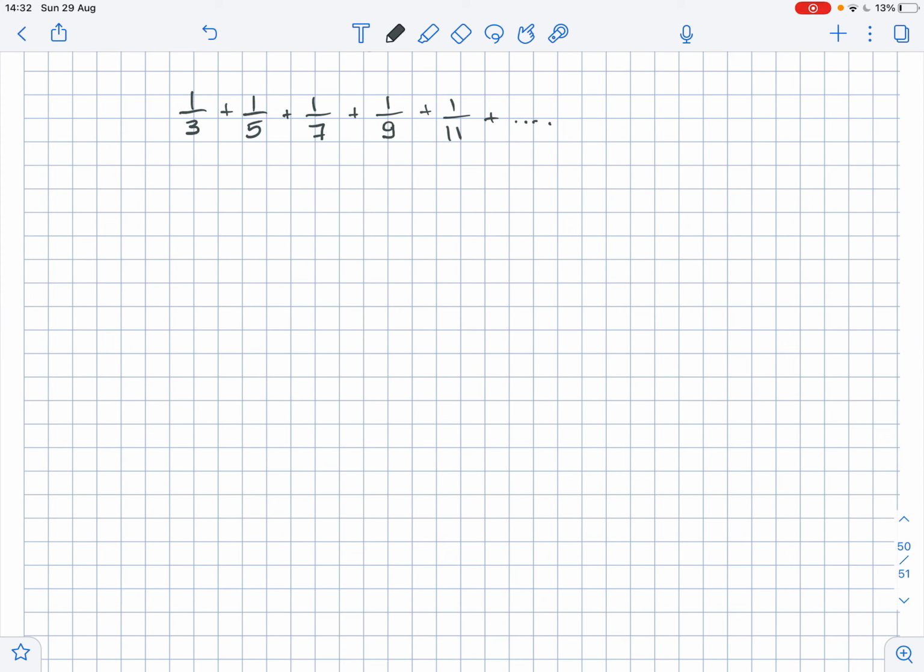So here, in our case, the infinite sum is 1 over 3 plus 1 over 5 plus 1 over 7 and so on. We can rewrite it as the sum from n equals 1 to infinity of 1 over 2n plus 1. Therefore, we get that a n, the nth term, equals 1 over 2n plus 1.